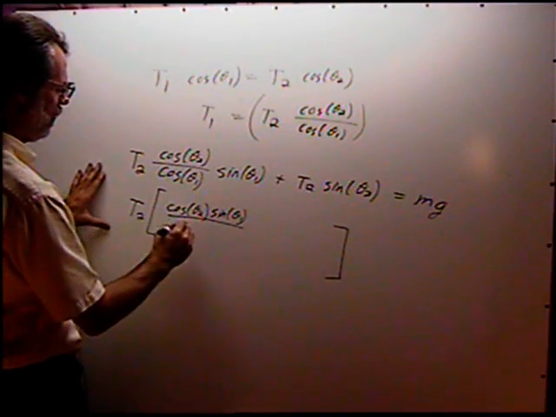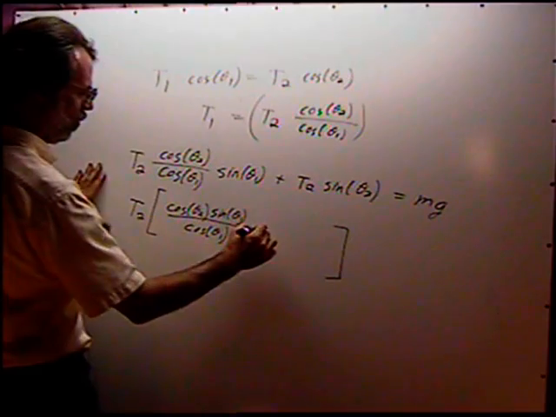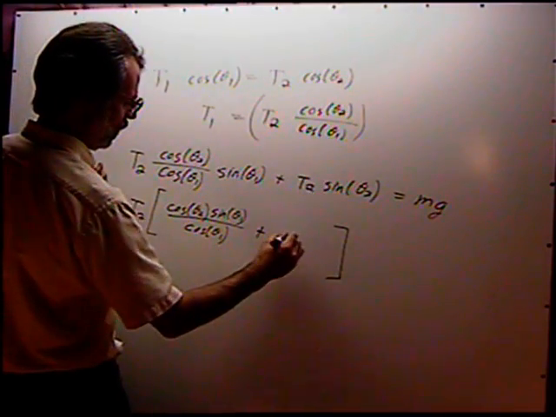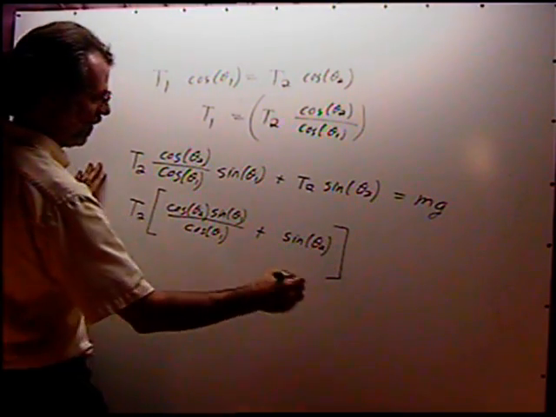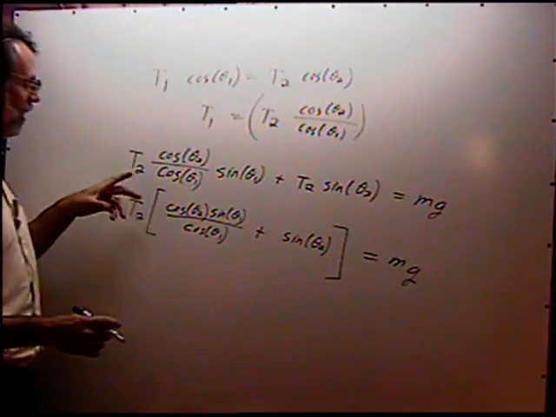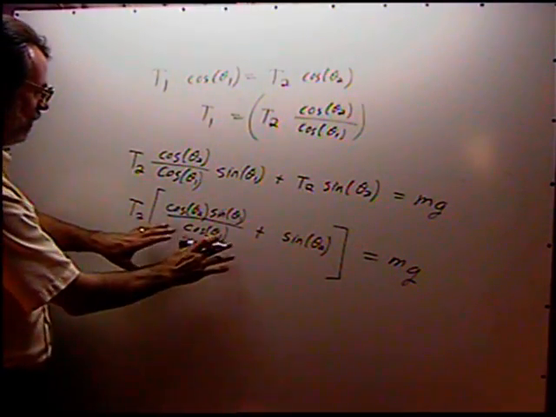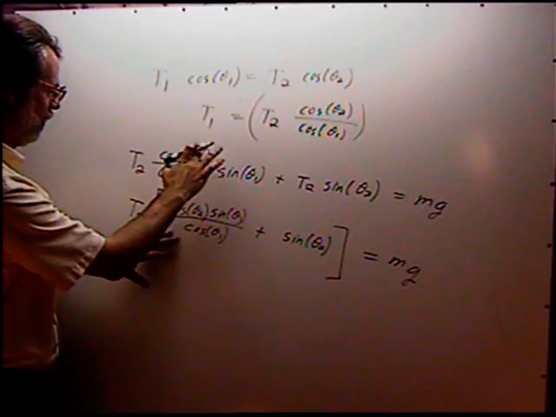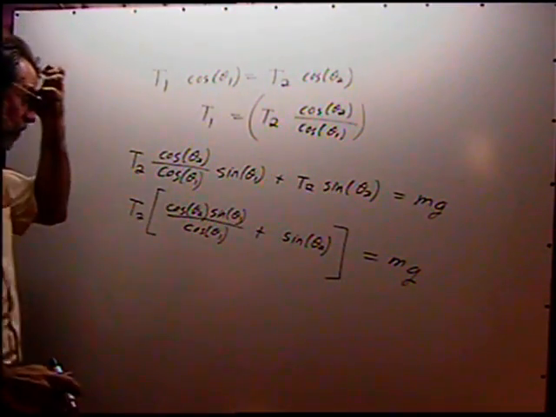This looks a little confusing, but it's really not too confusing. Plus this term, which is sine of theta 2, and all of that equals mg. So all I've done here is factor the T2 out of both terms, and what I'm left with are these trig functions plus that sine.